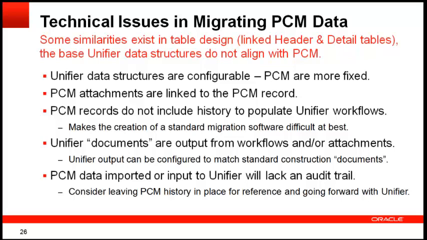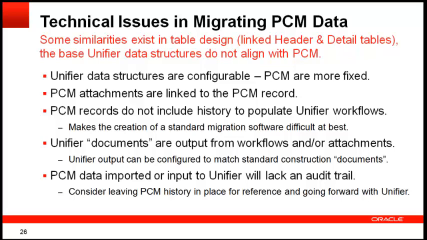In PCM, attachments are linked to the record. Within Unifier, those attachments go into the document control system, and yes, they're linked to the record, but they're also linked to other things within the Unifier system as well. In trying to move PCM records into Unifier, Unifier tracks a lot of history.